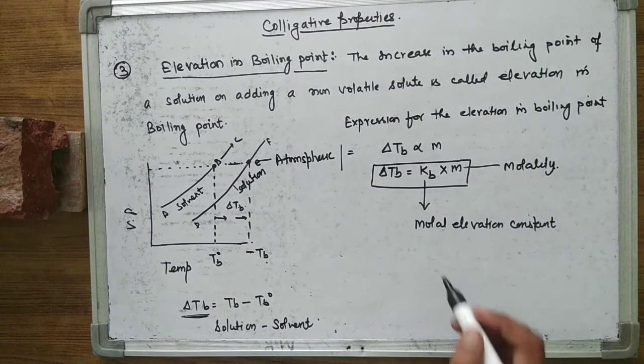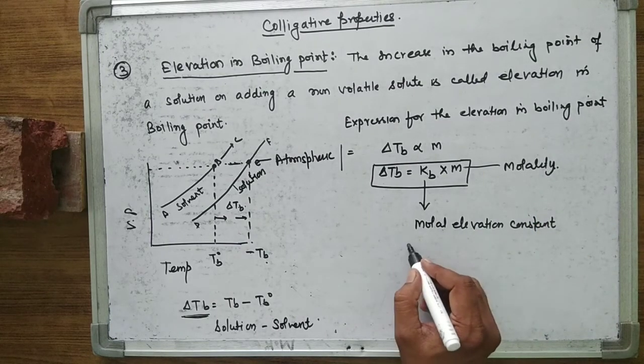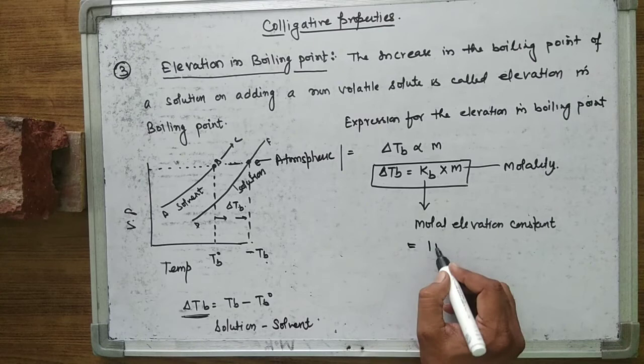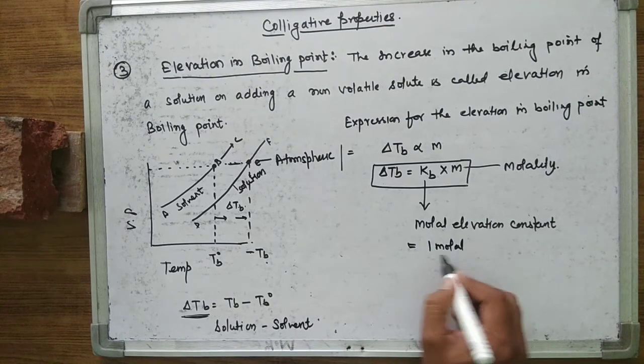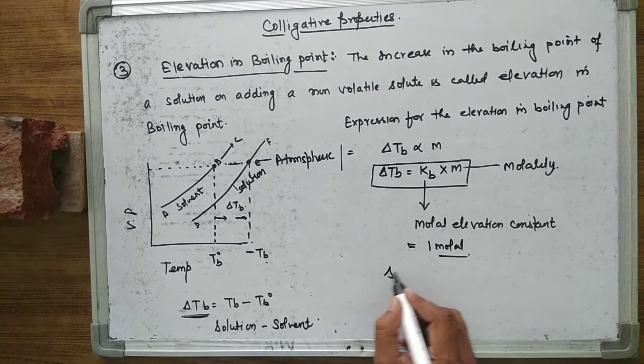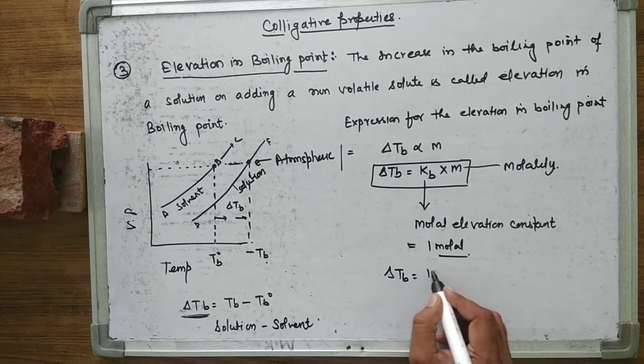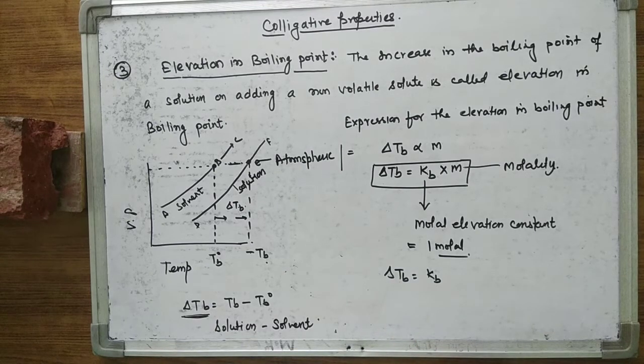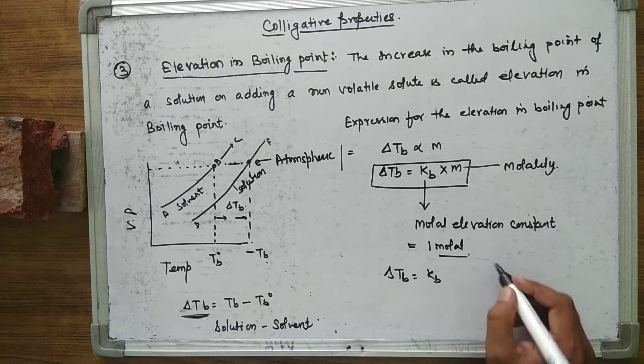If we take a 1 molal solution, delta Tb is equal to Kb. This molal elevation constant is also known as the ebullioscopic constant.